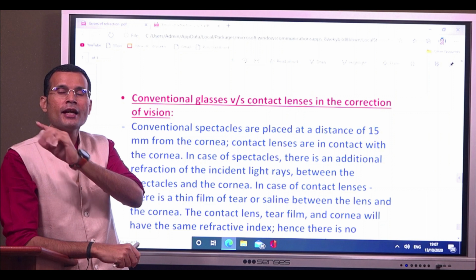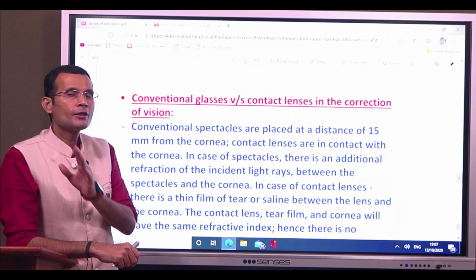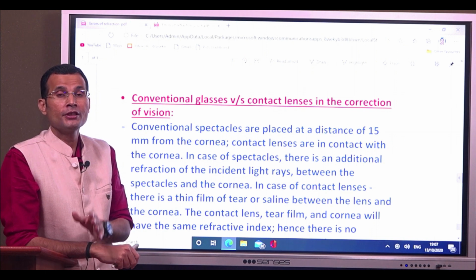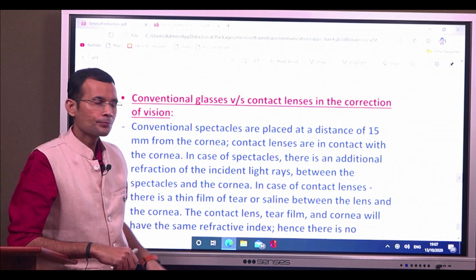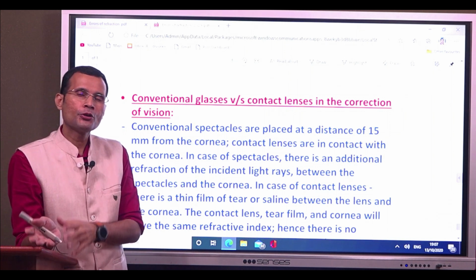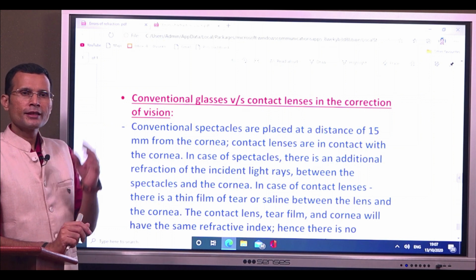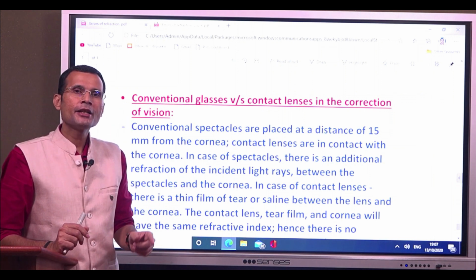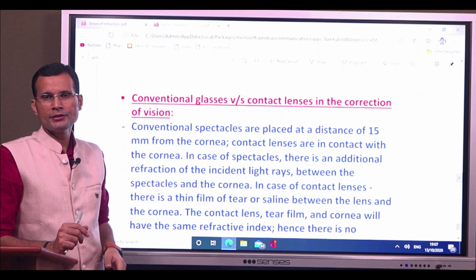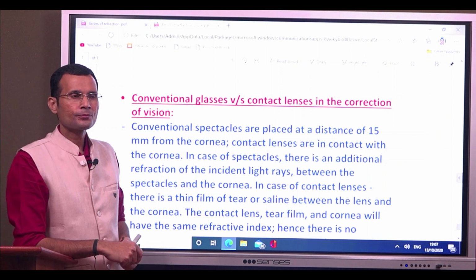All those three things have the same refractive index, and therefore there is no additional refraction in the case of contact lens. So, that's an advantage of contact lens over the conventional glasses. The size of the image is slightly reduced in these conventional glasses, but not in the contact lenses.